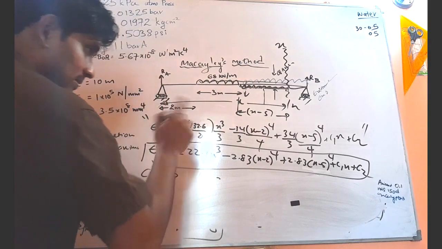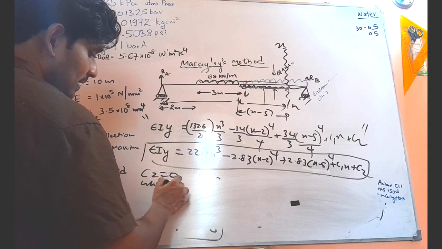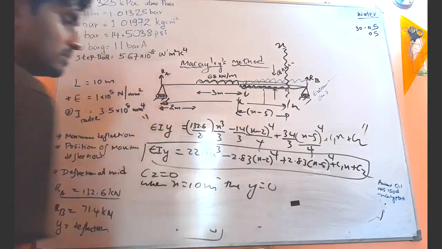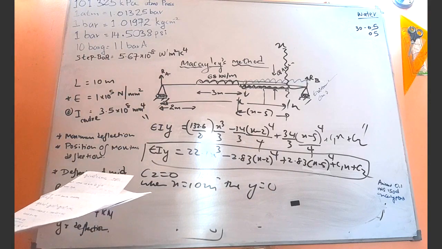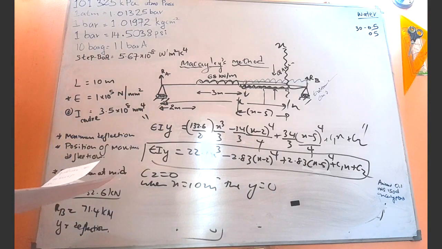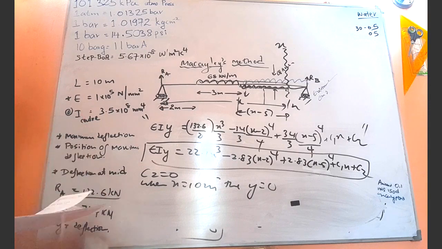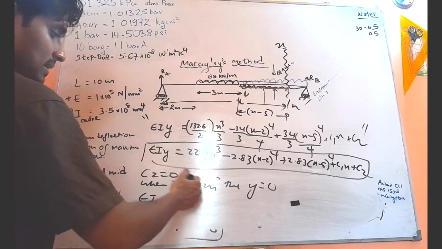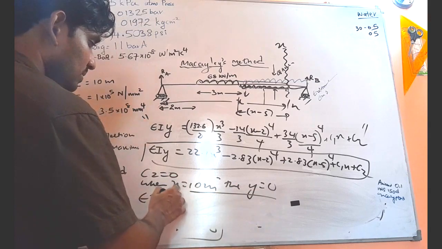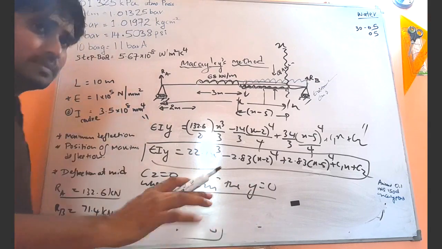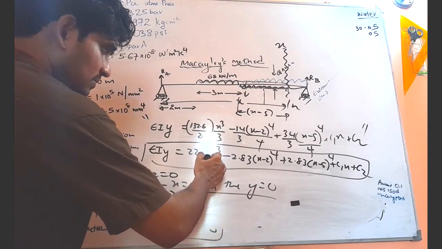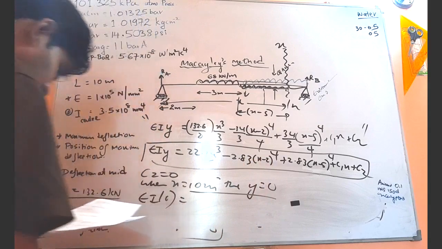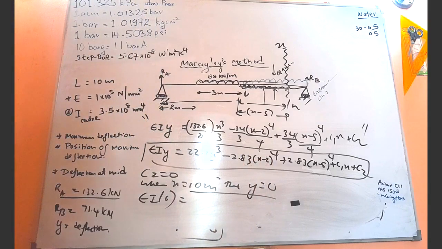The next condition is that when x equals 10 meters, y equals 0. So now put x equals 10, and EI y is 0, so put 0 here. I am not going to do the simplifications, as it will take time. Just put x equals 10 here.